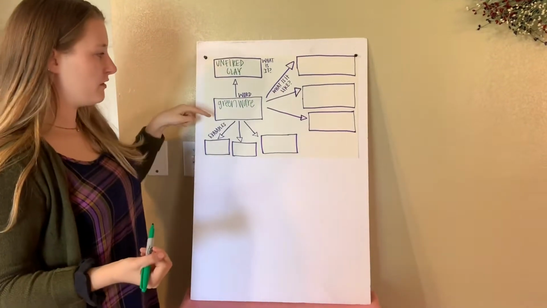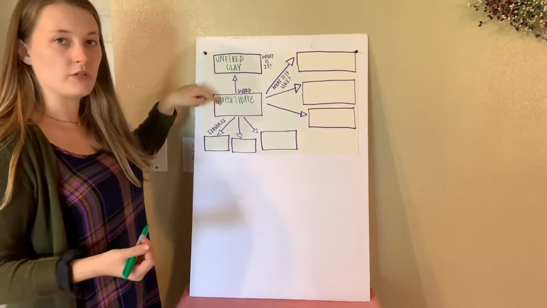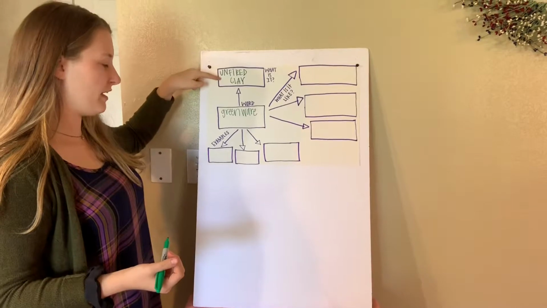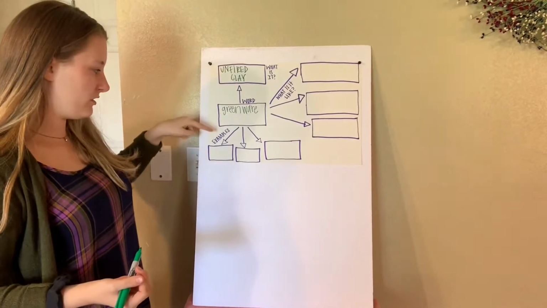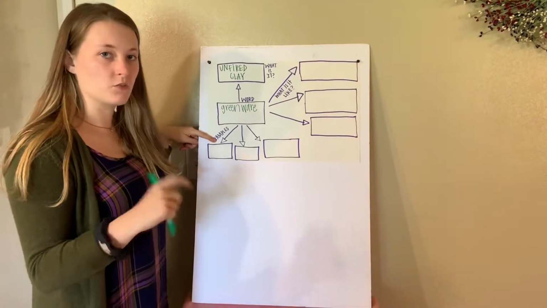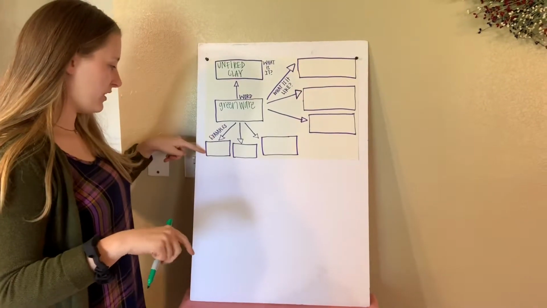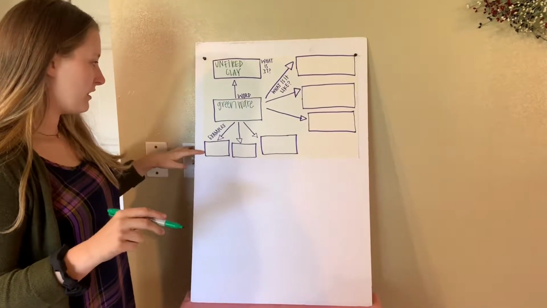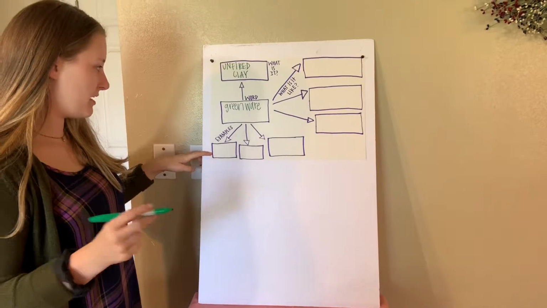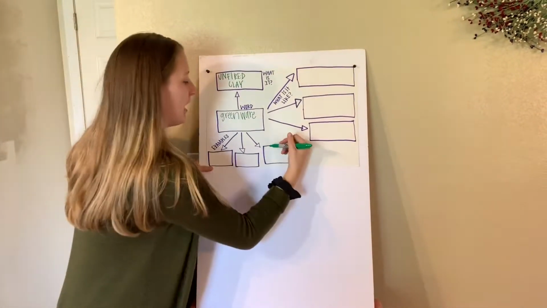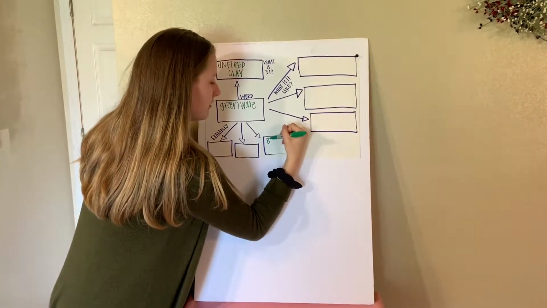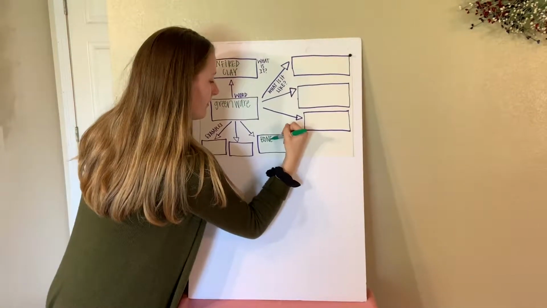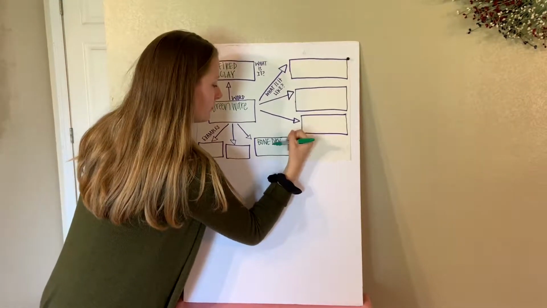Okay, after you have answered what is greenware, greenware is unfired clay, we will then answer what are some examples of greenware. So for this, I'm going to go over here and say that an example would be the bone dry stage.